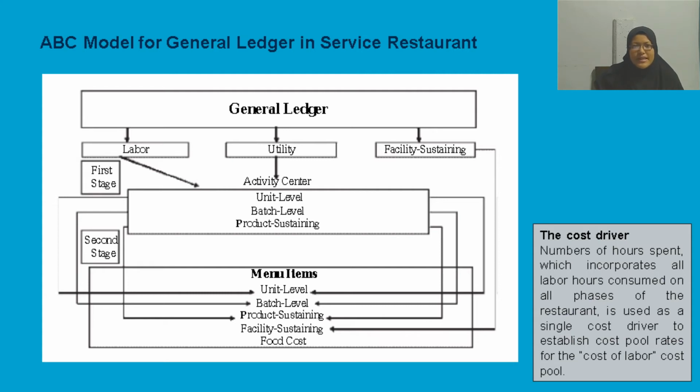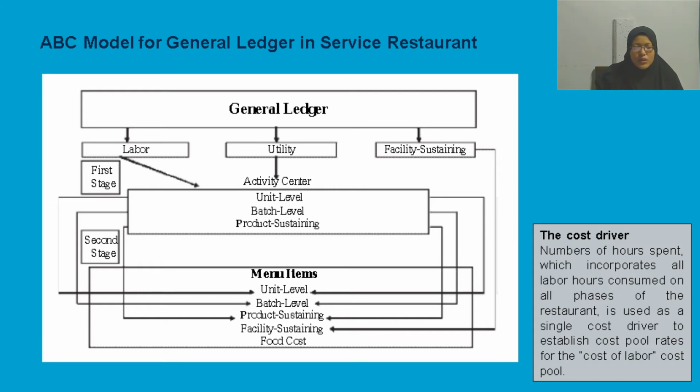The labor cost pool includes all salaries, overtime paid, and wages for the employees. For the utility, the cost pool contains gas and power expenses. The facility sustaining cost pool includes direct operating costs, repair and maintenance, accounting, and general and administration expenses.